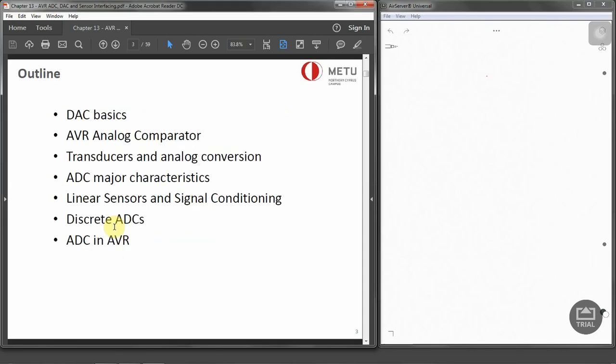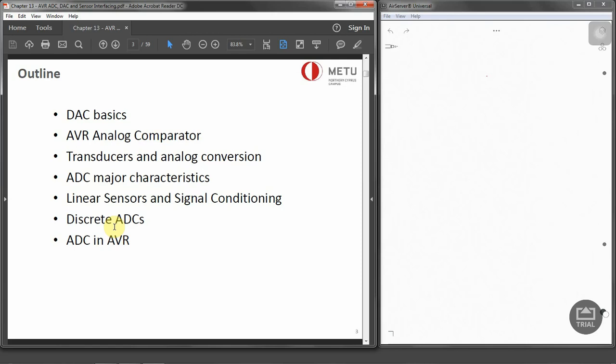We will cover some of the basics of digital to analog conversion, the resolution, what kind of modules we use, and how it makes the conversion. The AVR analog comparator module, which compares two analog values. We'll introduce the transducers, why we use them, how we use them, and their importance in analog to digital conversion.